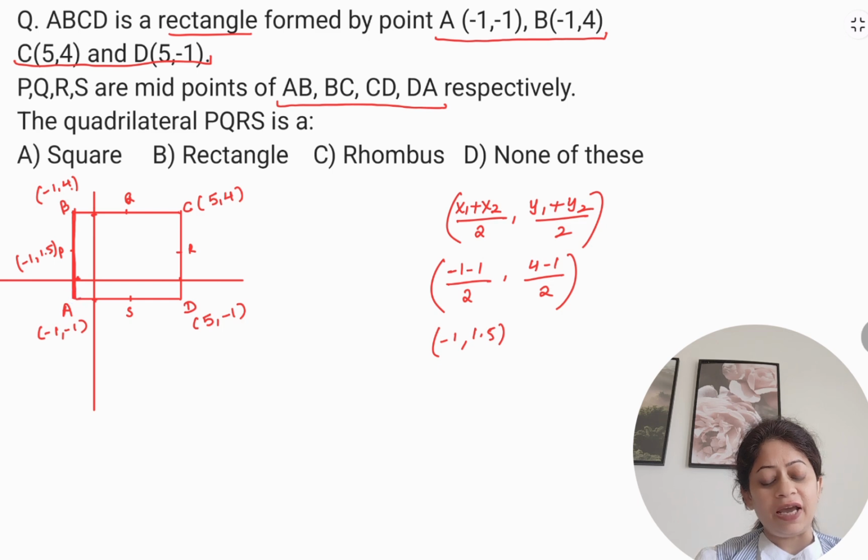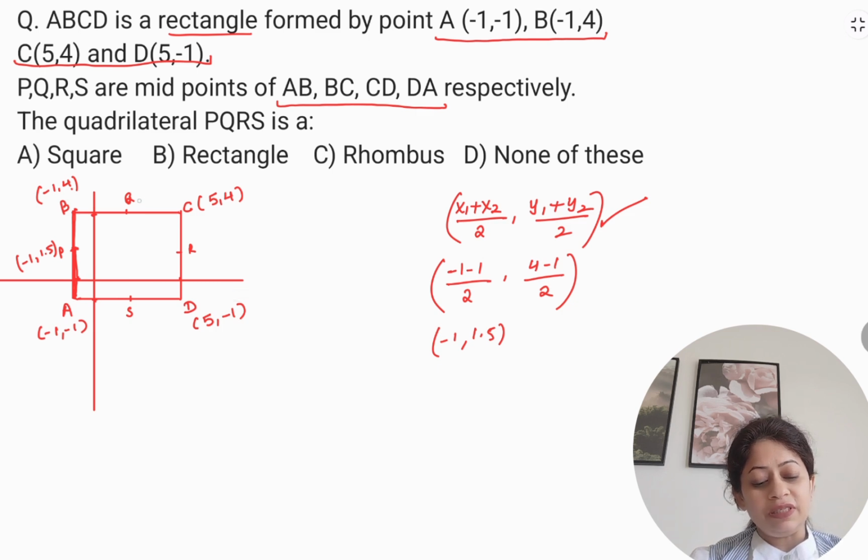The difference between -1 and 4 is 5, and the midpoint will be 2.5 units. If you go 2.5 units from here, you will reach 1.5 only. So you can either find it by this formula or figure it out like this.